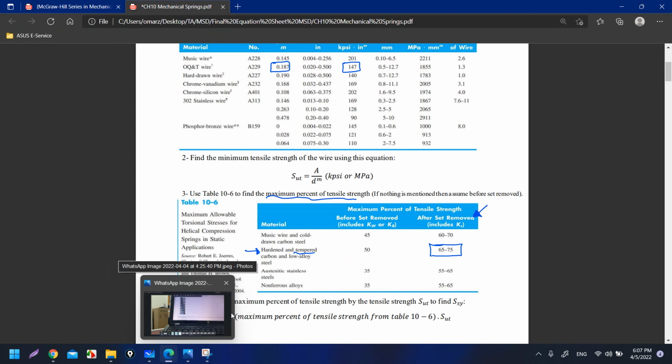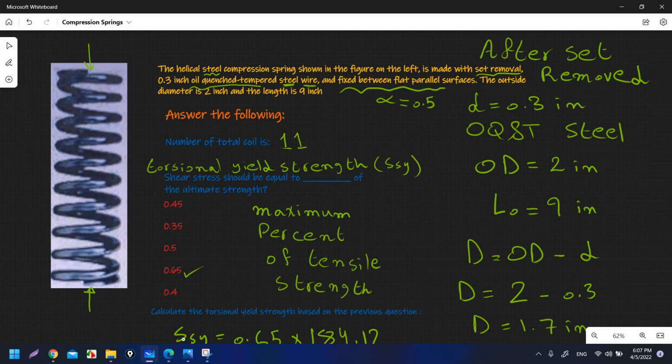In order to select the maximum percent of tensile strength, we need to know if it is before set removed or after set removed. It is a 0.3 inch oil quenched and tempered steel wire. 0.3 inch steel wire means d, small d, the diameter of the wire, is equal to 0.3 inch, and it is oil quenched and tempered.